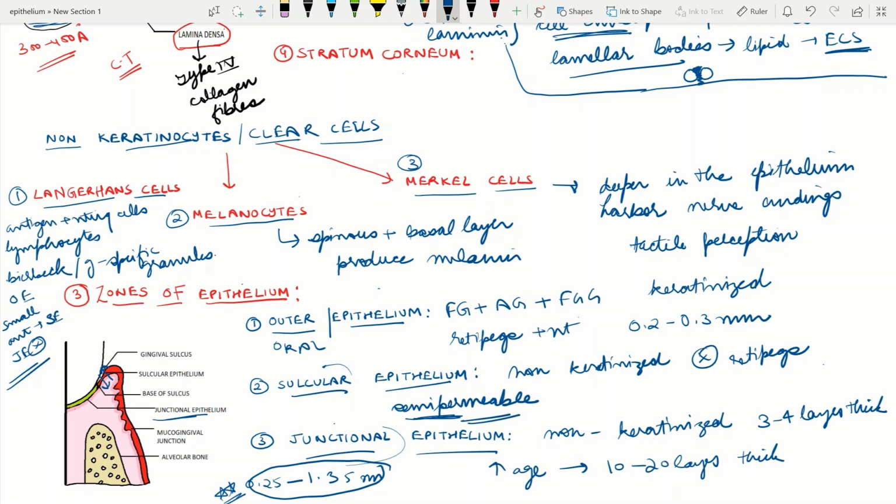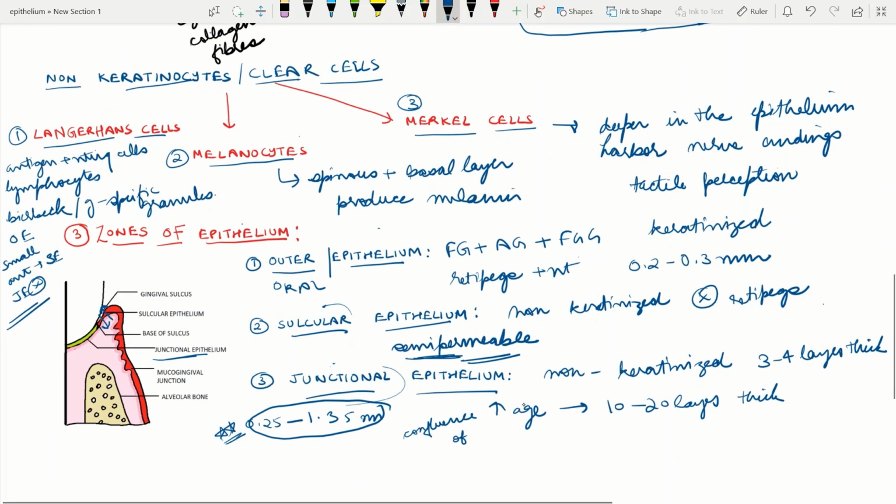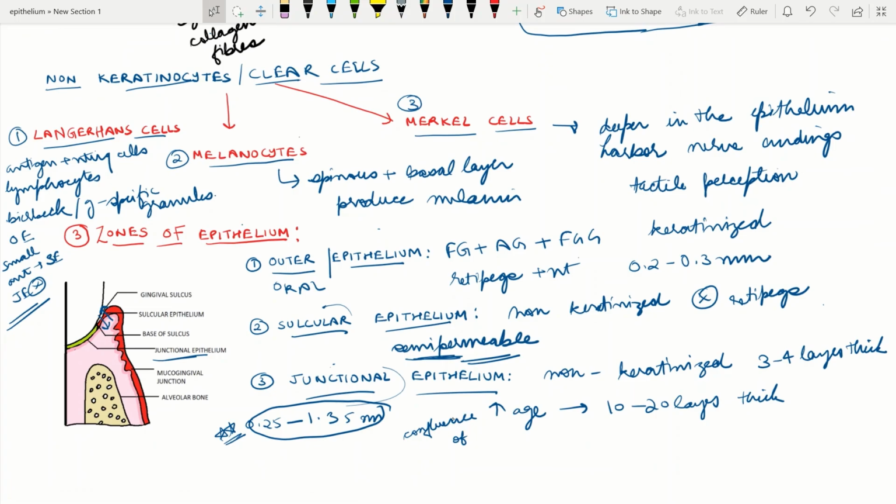Now how is this junctional epithelium formed? It is formed by the confluence of your outer epithelium or your oral epithelium with that of your reduced enamel epithelium, resulting in the formation of your junctional epithelium.